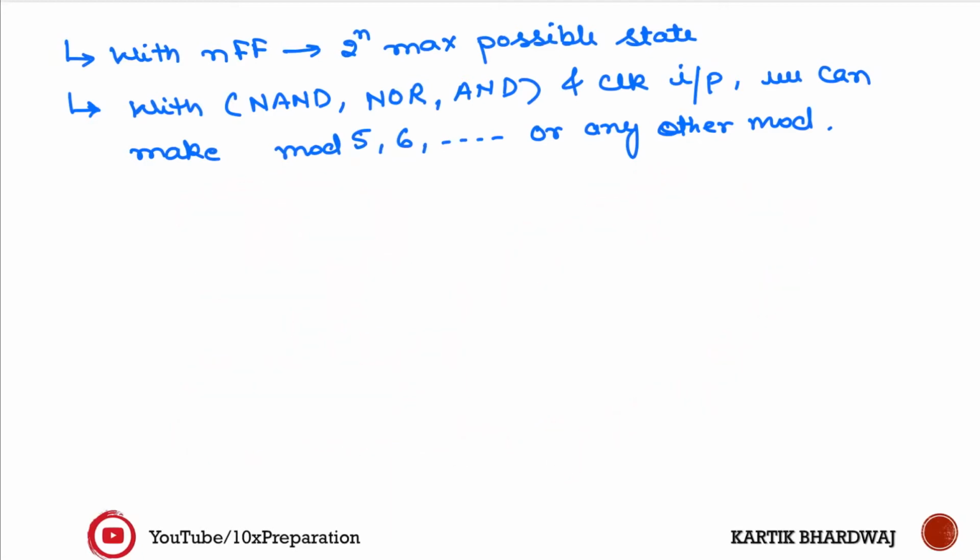But if you put some NAND or NOR circuit in between, or even XOR and any other logic gates, you can make mod 5, 6, 7, whatever mode you want. A maximum of 16 states is possible with 4 flip-flops, and using logic gates you can terminate within the limit of the maximum possible states.